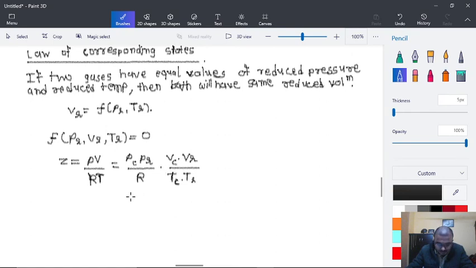So we can combine a few terms, that is PR VR divided by TR into PC VC upon R TC.